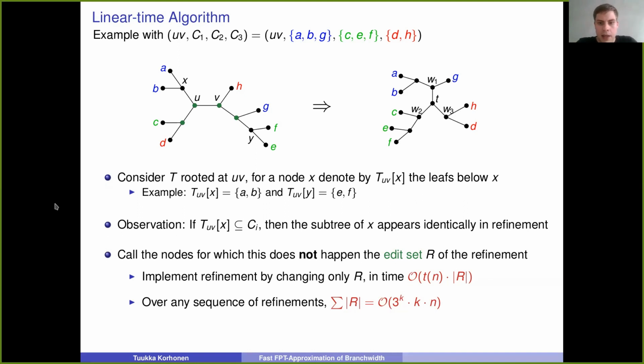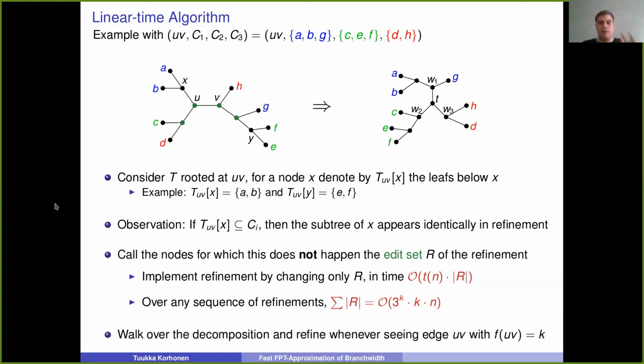And what this allows is for us to do everything by walking over this decomposition, maintaining this dynamic programming, and whenever we have a heavy edge, we use this operation, and it costs only this much, which amortizes to linear time.